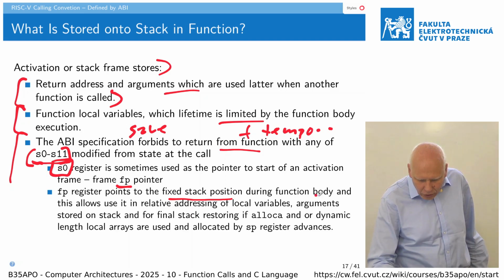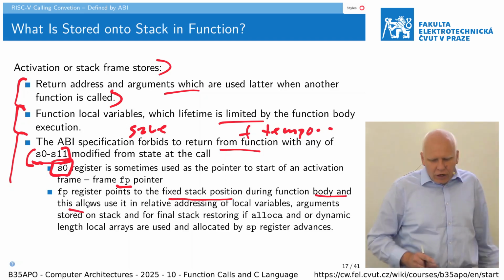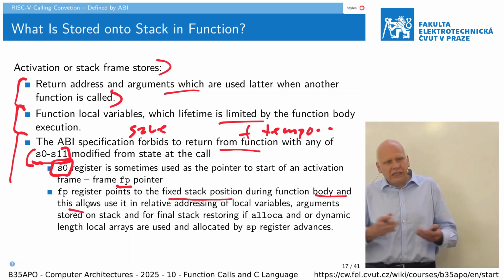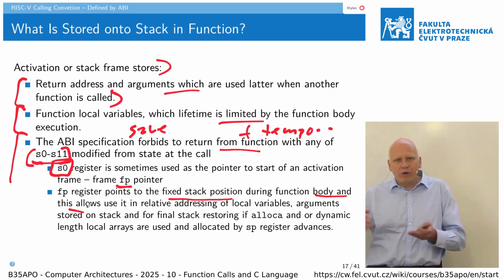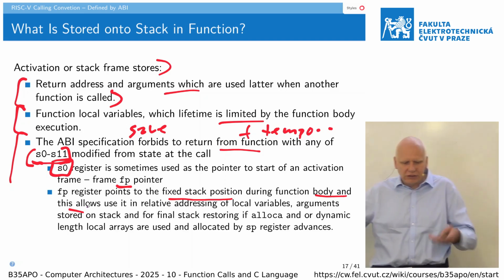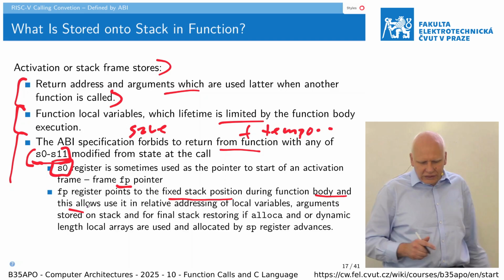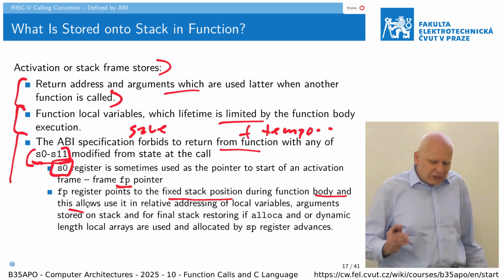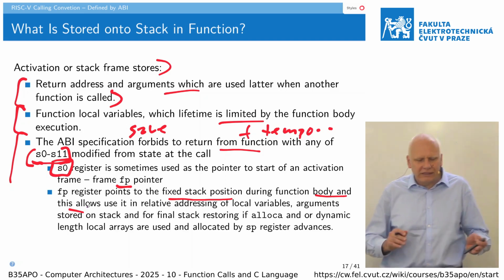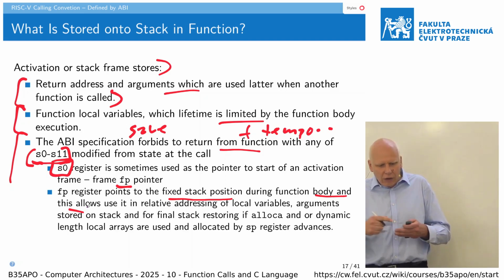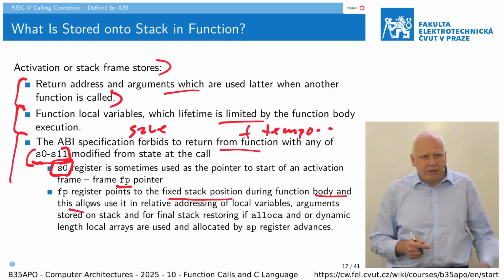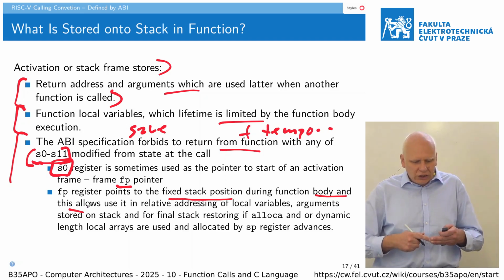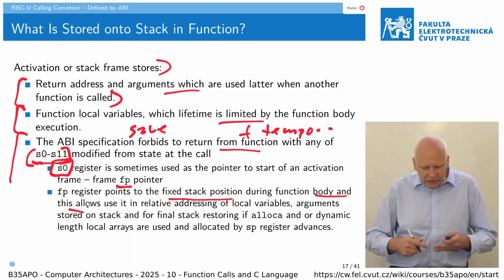It allows, during the body of the function, reserving more space, for example, for the arguments to some other function and so on. So basically the stack pointer moves, which can in theory be compensated if you know how the offsets to the variables and arguments change during the execution of the function.